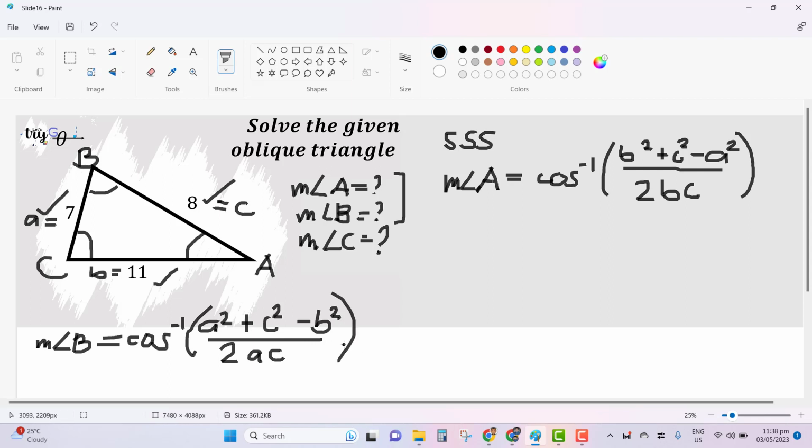Now we can still come up with a formula for the measurement of angle C, but again we will just be using the triangle angle sum to solve for the measurement of angle C. Now let's start with the measurement of angle A. We have the arc cosine or the inverse function of b squared, 11 squared, plus c, which is 8 squared, less a, 7 squared, all over twice the product of 11 and 8.